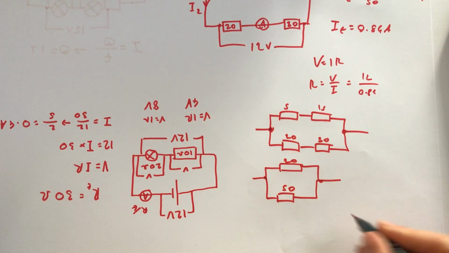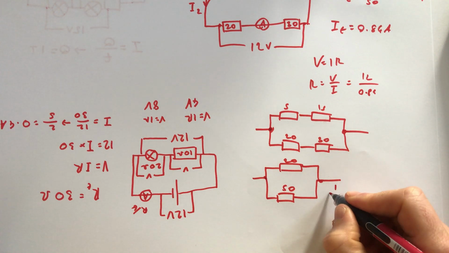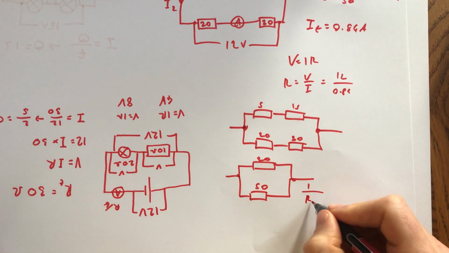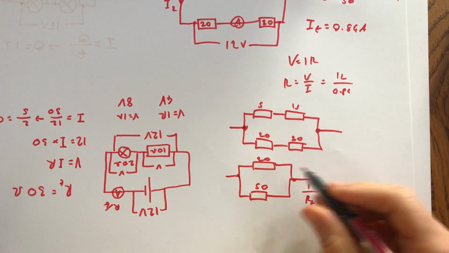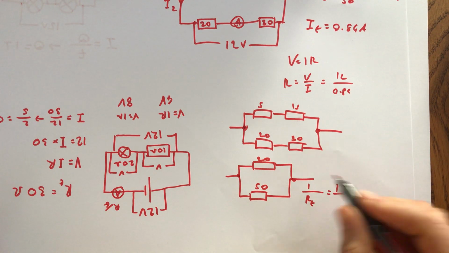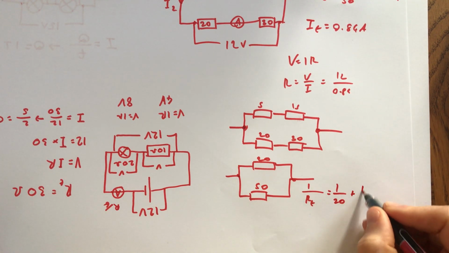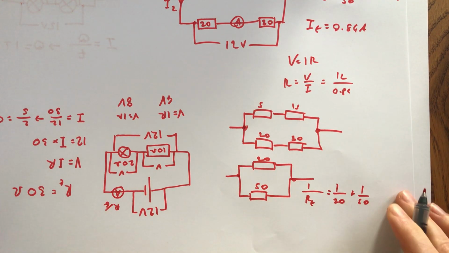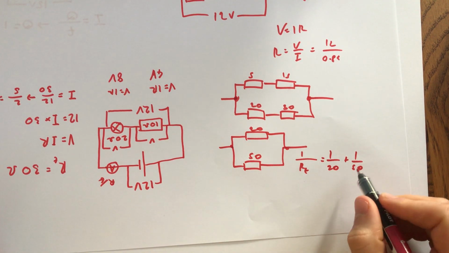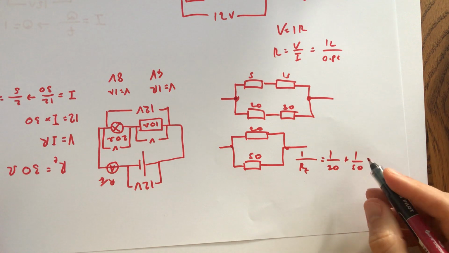And so we get the total resistance. Now we use fractions to do that. You don't need to know exactly how until you get to A level. But 1 over the total resistance is equal to 1 over R1 plus 1 over R2. So that's 1 over 20 plus 1 over 50. And of course, we don't need to worry about the lowest common denominator. We just use whatever common denominator works, which here luckily is just going to be 100.